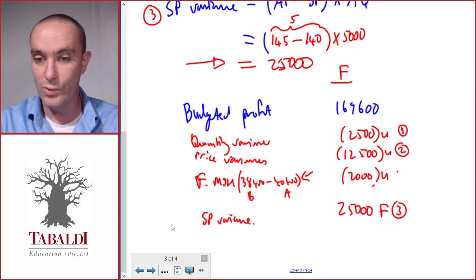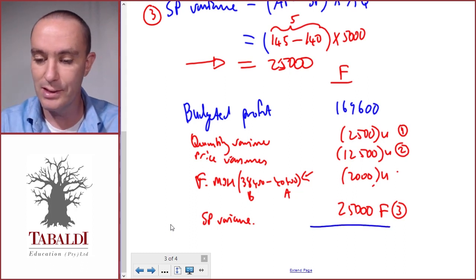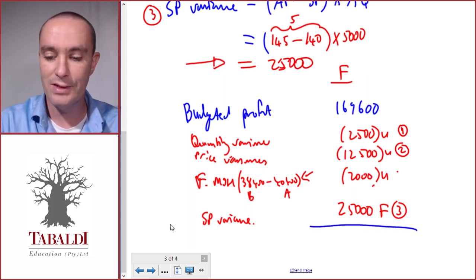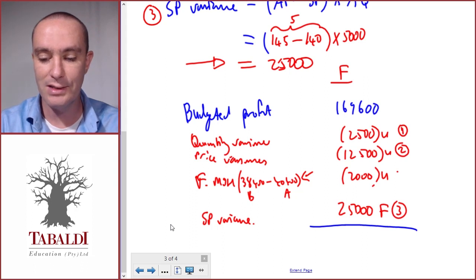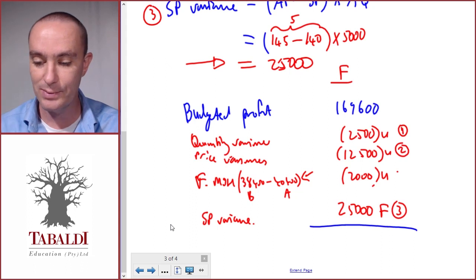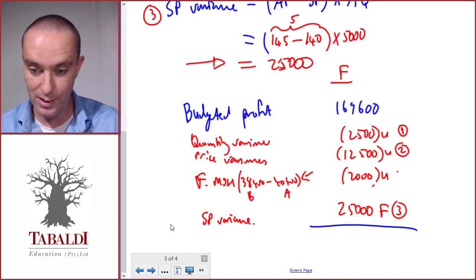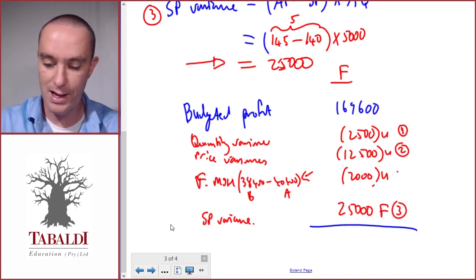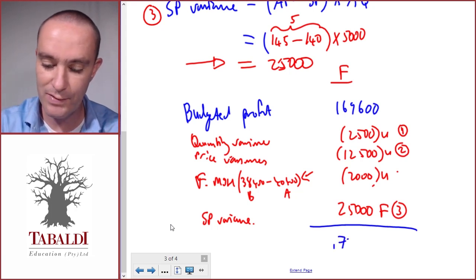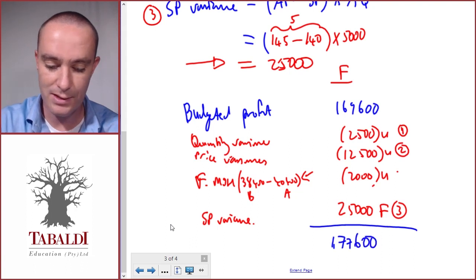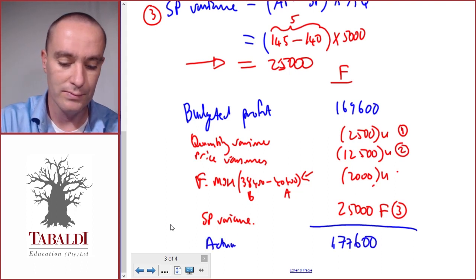So then we can add up. This would be our budgeted profit, less our quantity variances, less our price variances, less our fixed manufacturing overhead variance, plus our sales price variance. I'm just going to check this with you so that I make sure the calculation is correct. That will give us 177,600 actual profit.